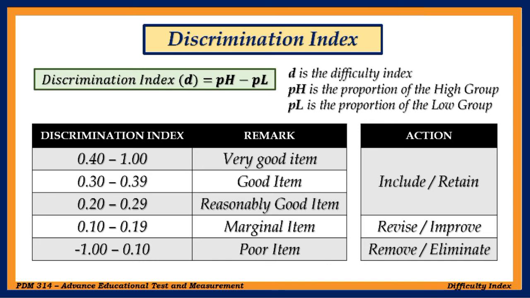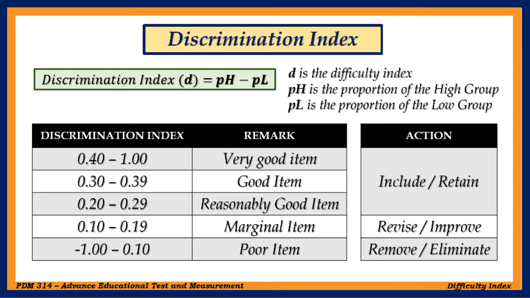While if it is 0.20 to 0.29, it is considered a reasonably good item. If it ranges from 0.10 to 0.19, it is considered a marginal or average item. While if it is from -1 to 0.10, it is considered a poor item.